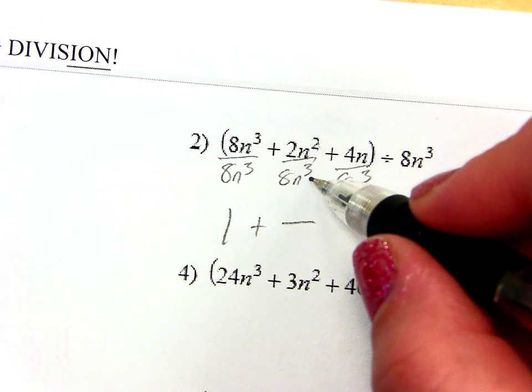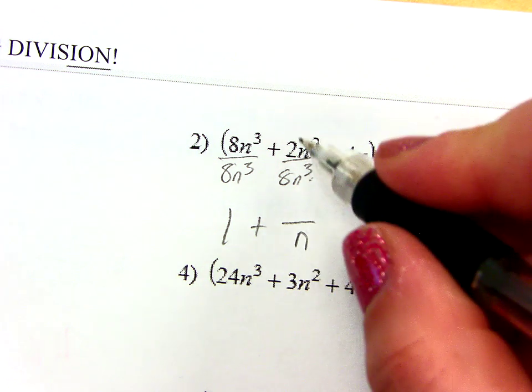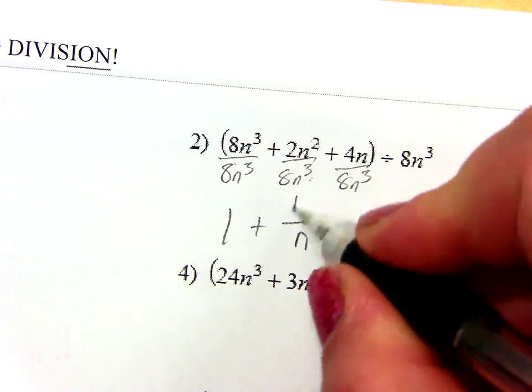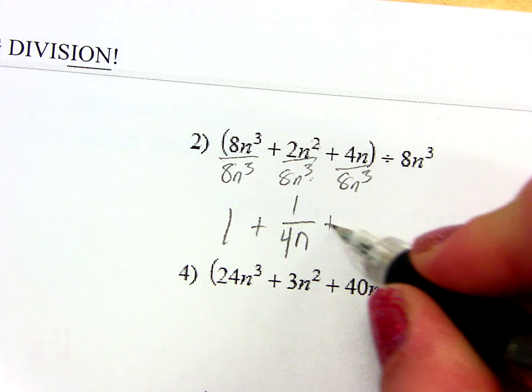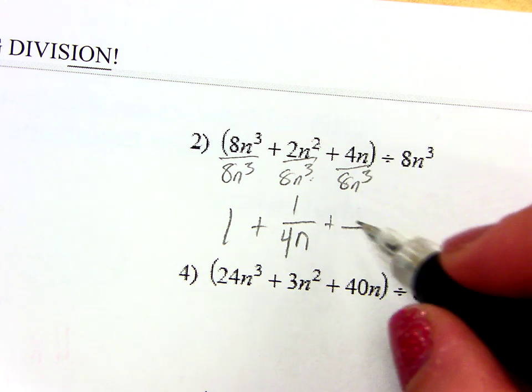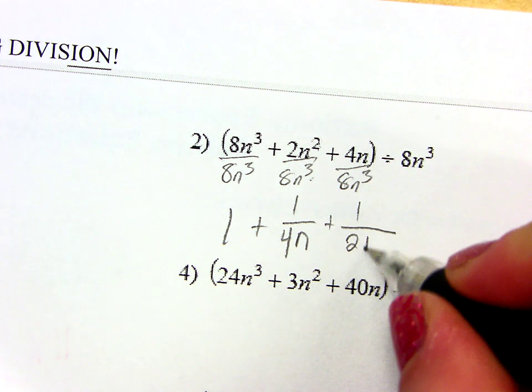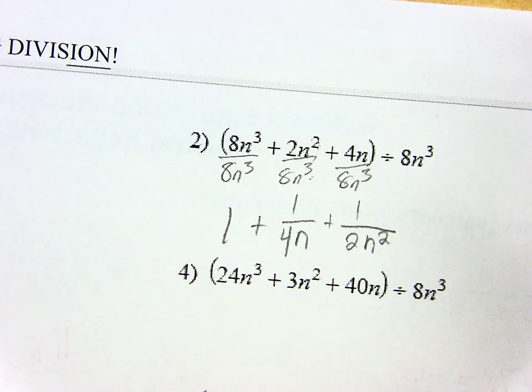Aren't I going to have the n on the denominator because I have 2 on top and 3 on the bottom? So I'll have an n in the denominator, and then 2/8 reduces to be 1/4. So you actually have 1 over 4n when you do that one. And then the last one, 1/2 and n squared in the denominator. That's the answer.